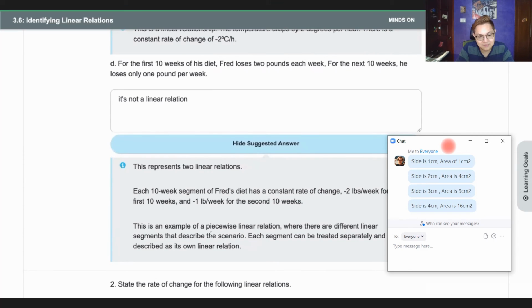This is an example of piecewise linear relation, where there are different linear segments that describe a scenario. Each segment can be treated separately and described as its own linear relation.